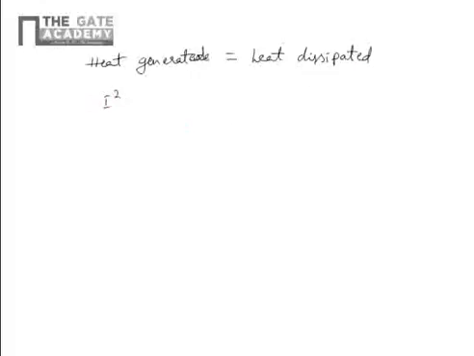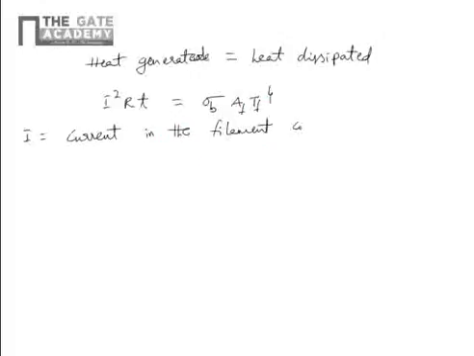Heat generated is I square RT, equal to, based on the radiation formula, sigma A TF to the power 4. I is the current in the filament circuit or pyrometer circuit.